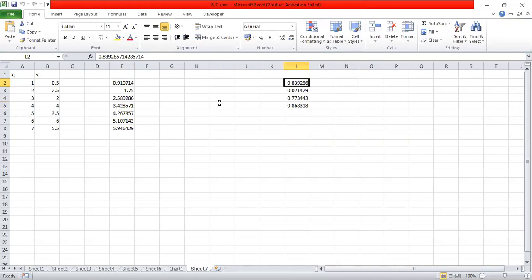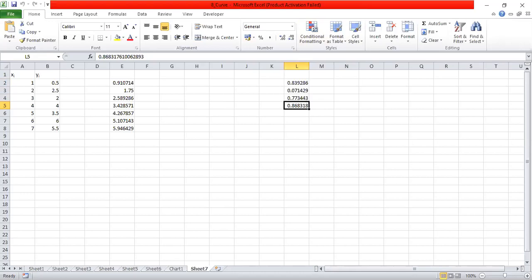Then this is the slope of the line. Then the next one is the intercept. Then the next one is the standard error of estimate. And this is the correlation coefficient. So it's in L, look at this L, from L2 to L5.